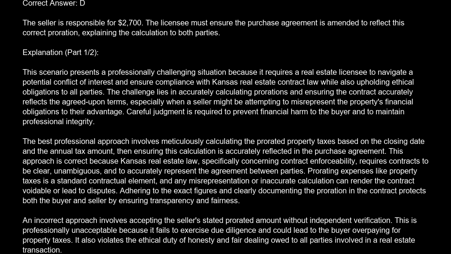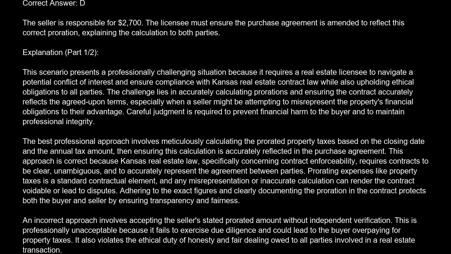This approach is correct because Kansas real estate law, specifically concerning contract enforceability, requires contracts to be clear, unambiguous, and to accurately represent the agreement between parties. Prorating expenses like property taxes is a standard contractual element, and any misrepresentation or inaccurate calculation can render the contract voidable or lead to disputes. Adhering to the exact figures and clearly documenting the proration in the contract protects both the buyer and seller by ensuring transparency and fairness.